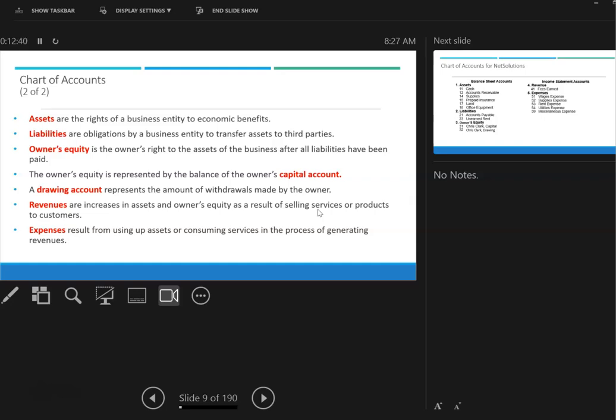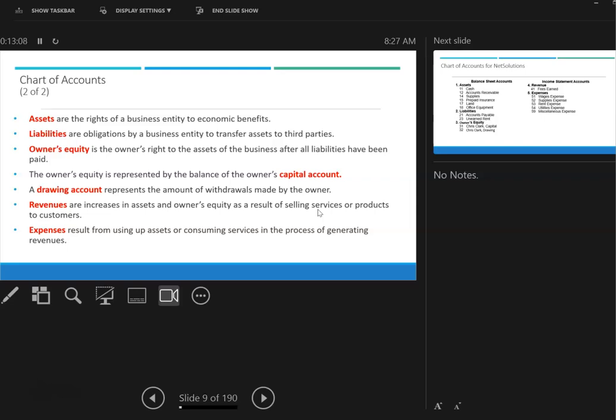Owner's equity is the owner's right to the assets of the business after all liabilities have been paid. A drawing account represents the amount of withdrawals by an owner. Revenues are increases in assets and owner's equity as a result of selling services or products to customers.